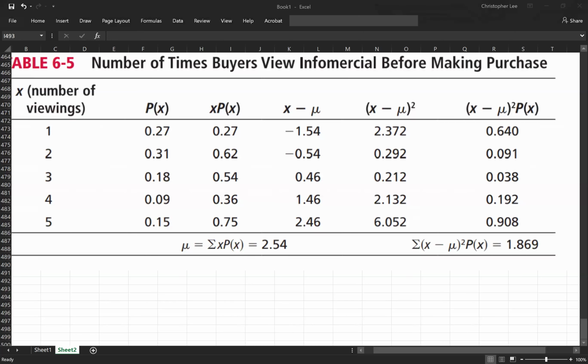Oh, I didn't mean to click that. It's rounded off, that's why. But it is the same though. In the end, it ended up being the same.